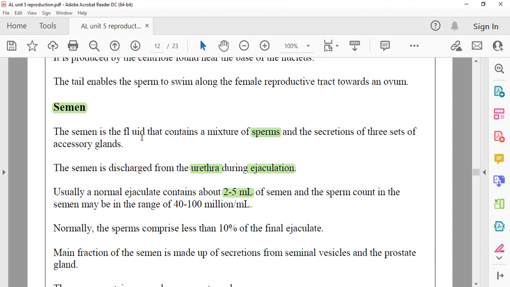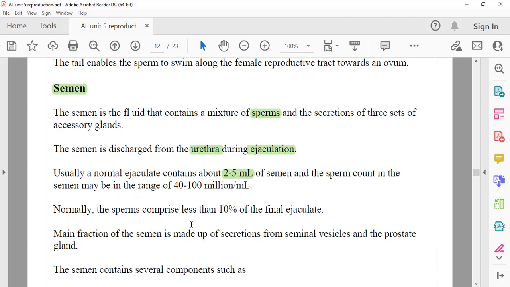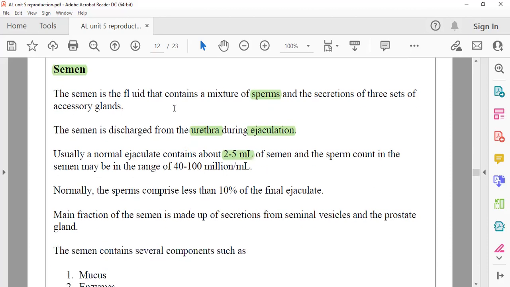Not sufficient sperms. Understood? Then he will be considered impotent, unable to become a father. Are you clear?